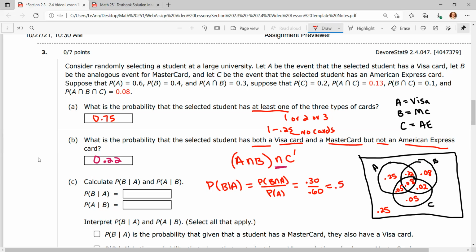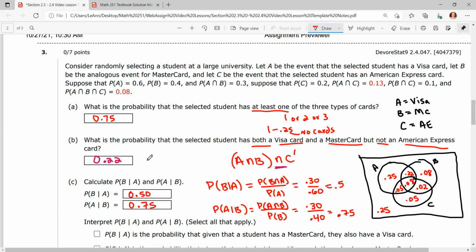They didn't say it had to be rounded to 2 decimal places, but I will just because we have been. And then probability of A given B is probability of B on the bottom and still the intersection on the top. So that's still 0.30 on the top, but the probability of B was 0.4. So this is going to divide to 0.75.